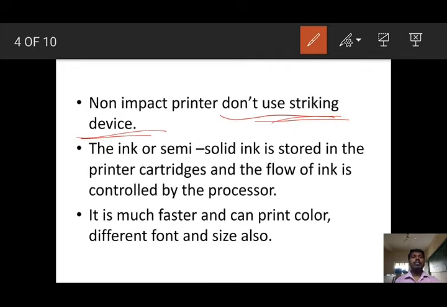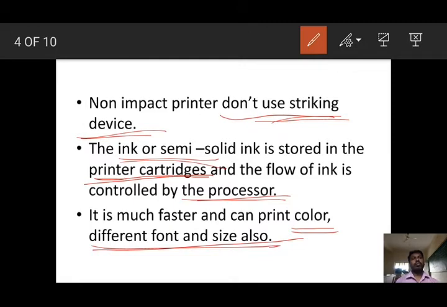The ink and semi-solid ink is stored in the print cartridge and the flow of ink is controlled by the processor. This is much faster and can print color, different font and size also. But in impact printer, we cannot print color and we cannot print different size and different font type.